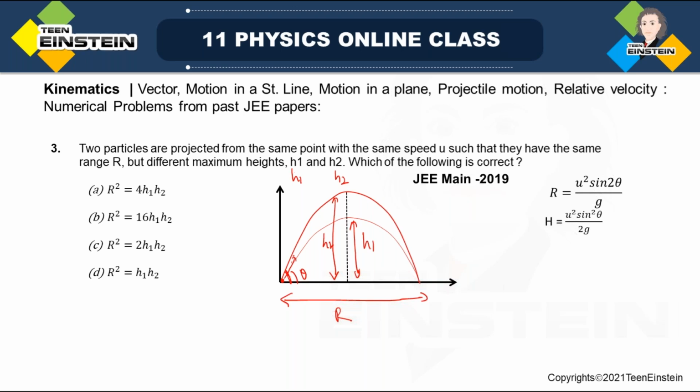So if someone is thrown with theta, then the other one is thrown at this angle.